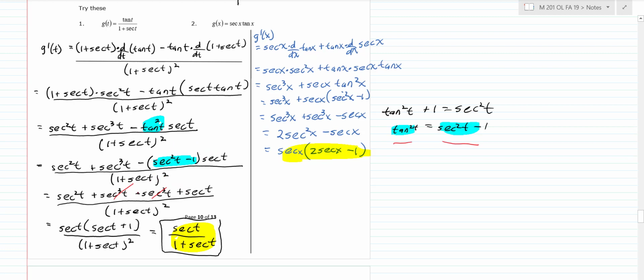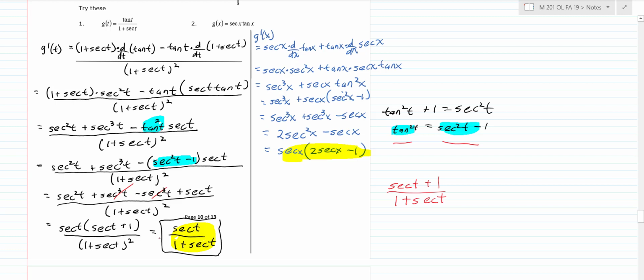These cross out. You're left with secant squared t plus secant t, where a secant comes out, leaving secant t times secant t plus 1, and one of those things cancels out. See, basically a secant t plus 1 is the same as 1 plus secant t. So one of those cancels out, you end up with that answer.